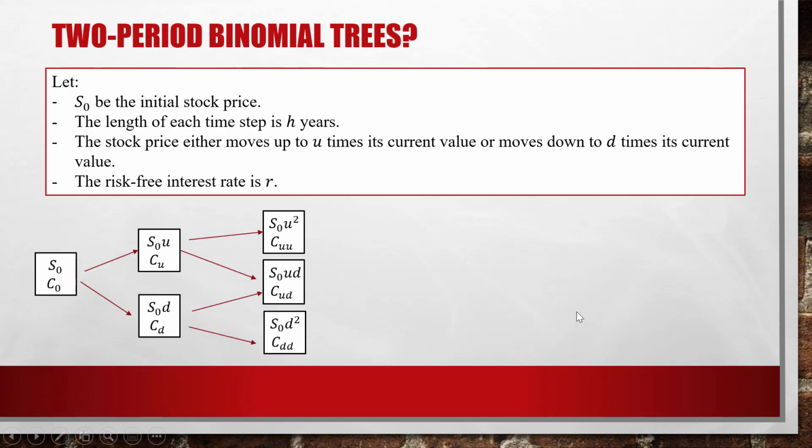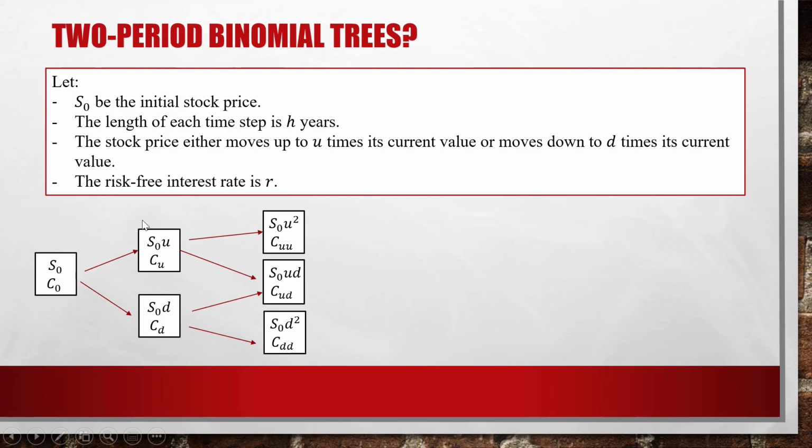So here, since we have two stages, we get a tree that looks like this. At the initial time, the stock price is S0 and the option payoff is C0.